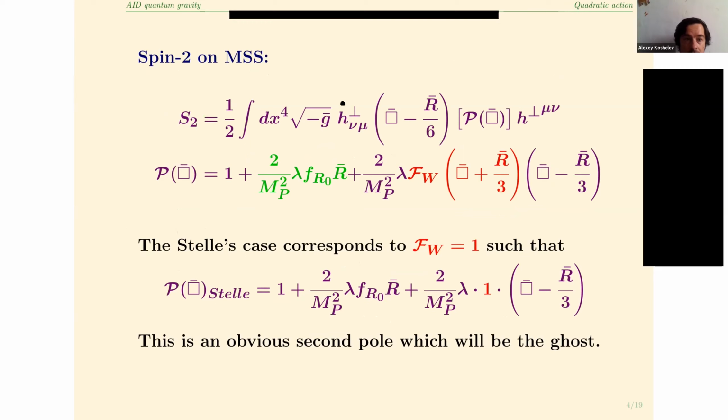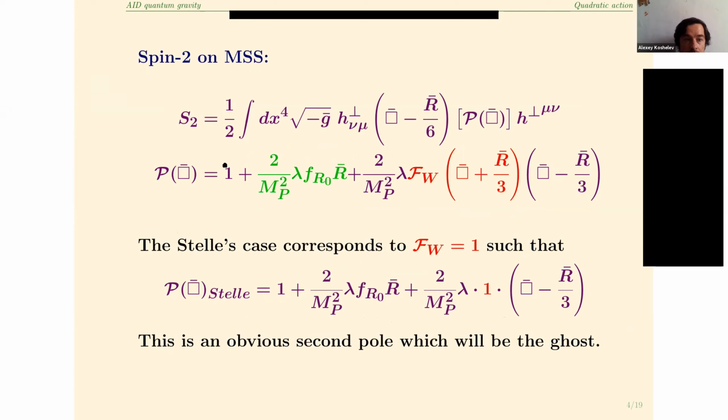This is the second order variation for spin 2. This is the operator which sandwiches h mu nu, transverse and traceless. This operator, apart from box minus R over 6, canonical to GR with lambda, also has P of box. P of box is this lengthy expression, which I colored a little bit.